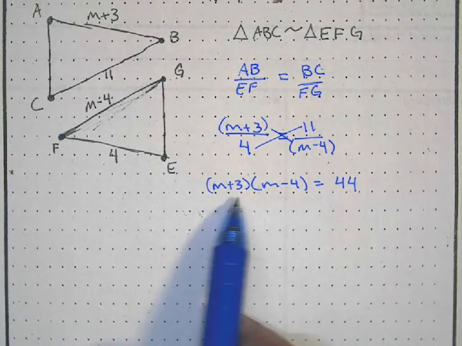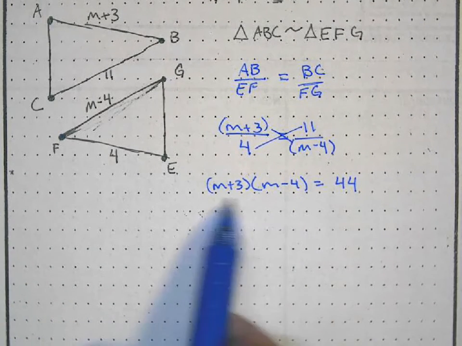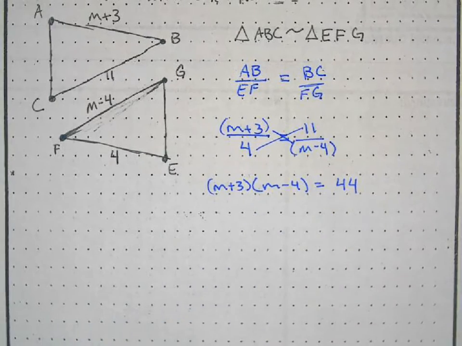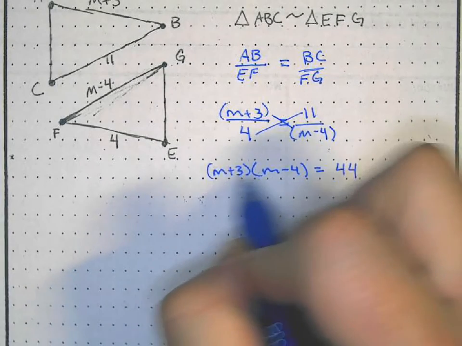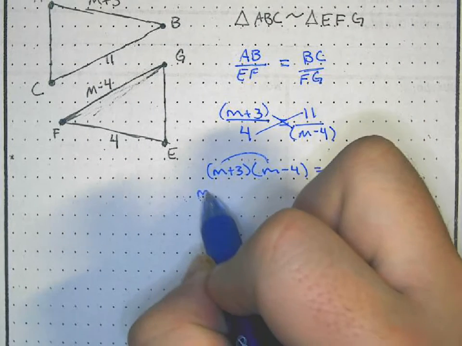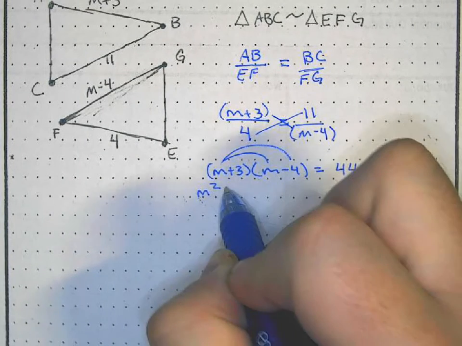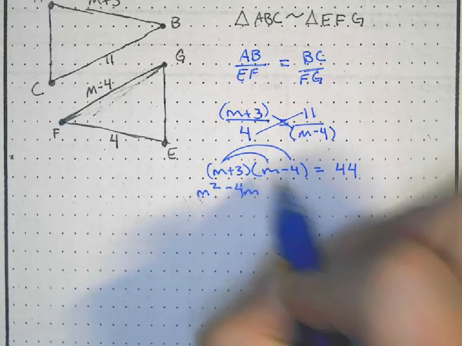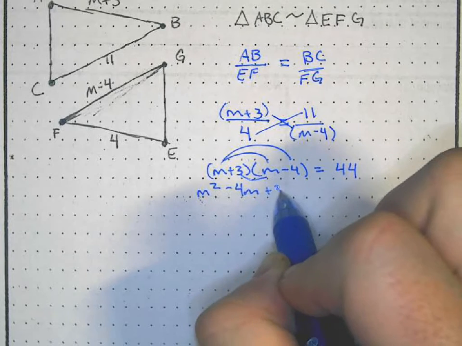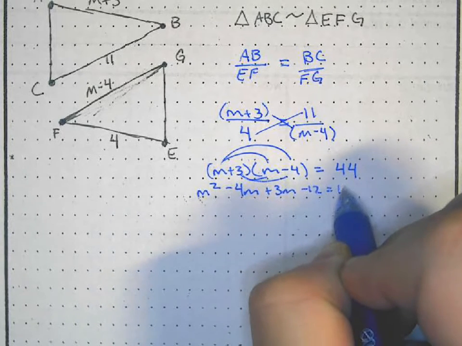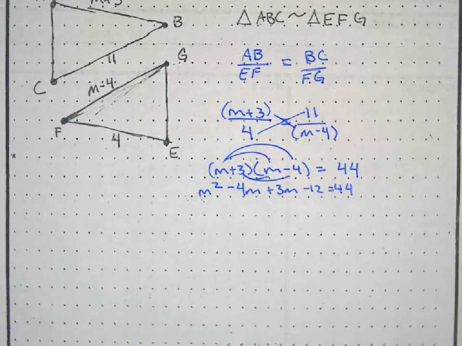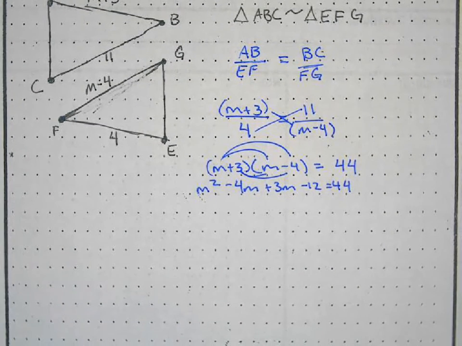From here, we're ready to do lots of rainbows, lots of distributing, and then get it equal to 0, factor, solve. So we'll go m times m is m squared. M times negative 4 is minus 4m. 3 times m is a positive 3m, and then 3 times minus 4 would be negative 12, equals 44. So it's just doing my distributing right there.